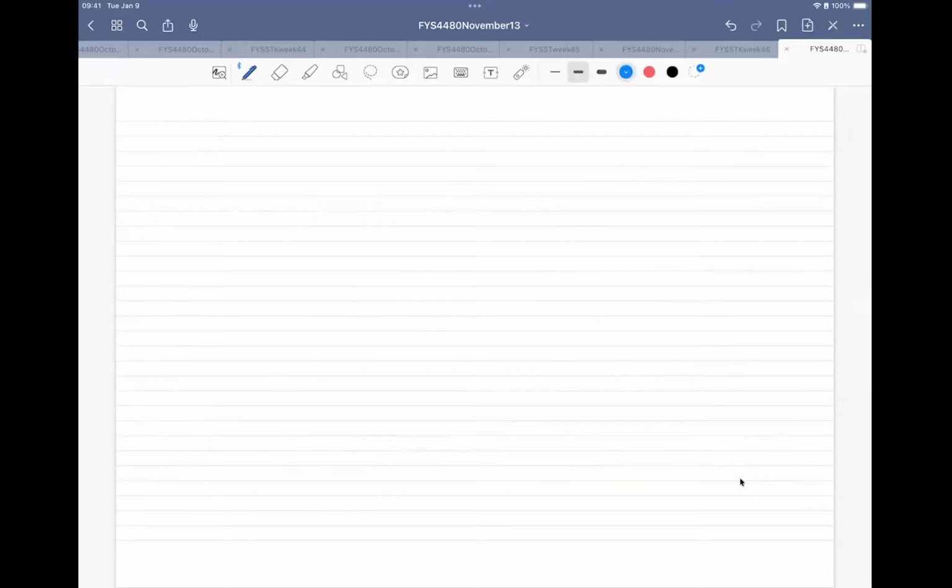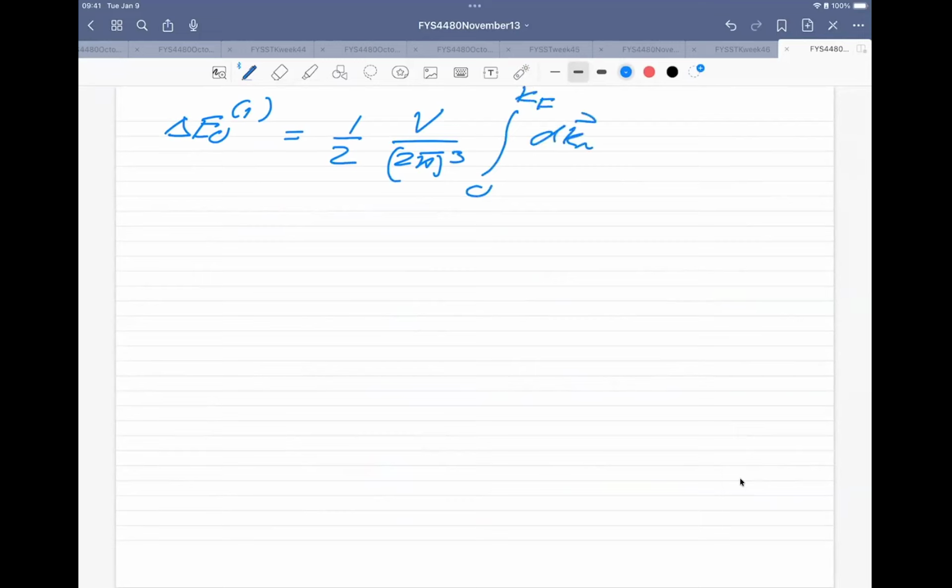So this rough estimate tells us that this term, delta E 0, 1, is going to be equal to 1/2, and then I have a V divided by 2 pi cubed, an integral from 0 to kf, and then dk_i. I'm just putting this in a sloppy way because I have the other angles as well, which I'm just leaving out here.